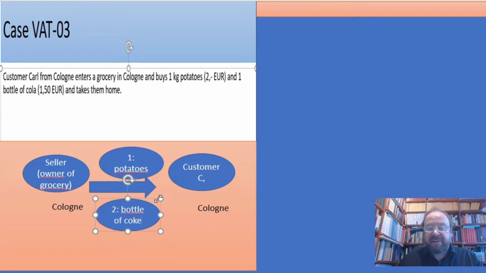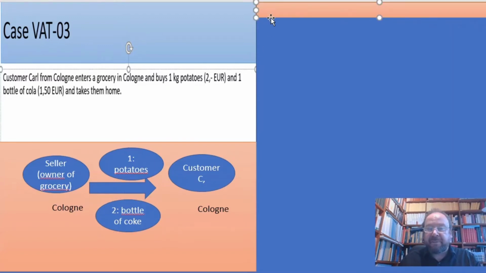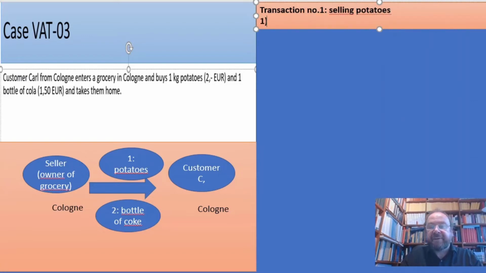So two things which we have to deal with, and well, let's just begin with the first one. So transaction number one, selling potatoes 1 kilogram.